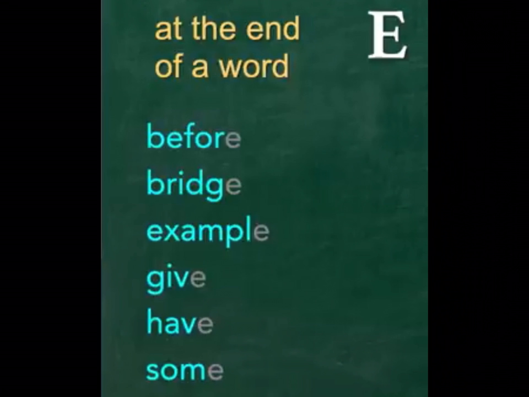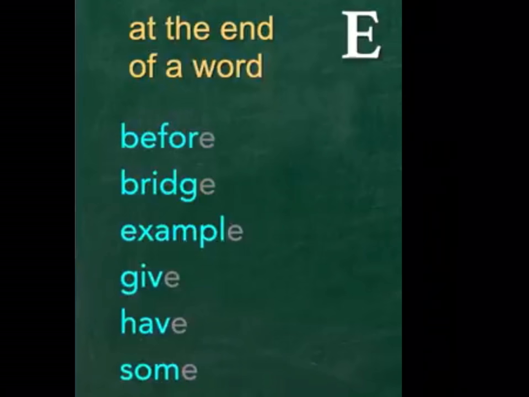We don't say before-y, bridge-y, example-y, give-y, have-y, some-y. No. The E here is silent. So remember, if the E is at the end of a word, we don't pronounce it at all.